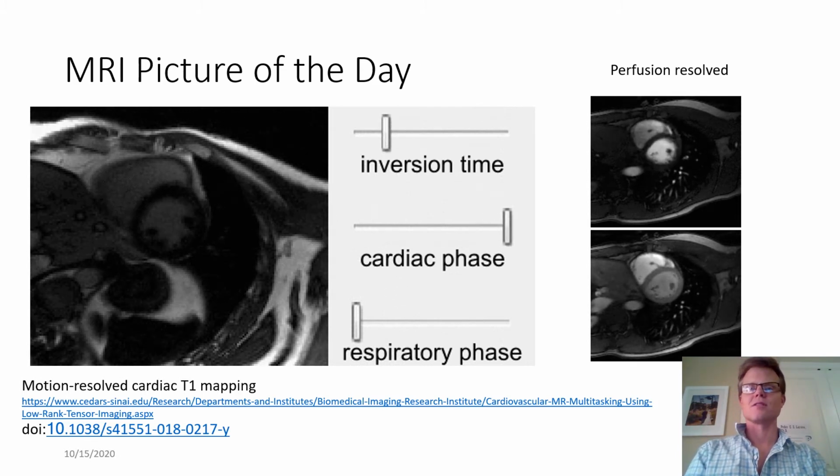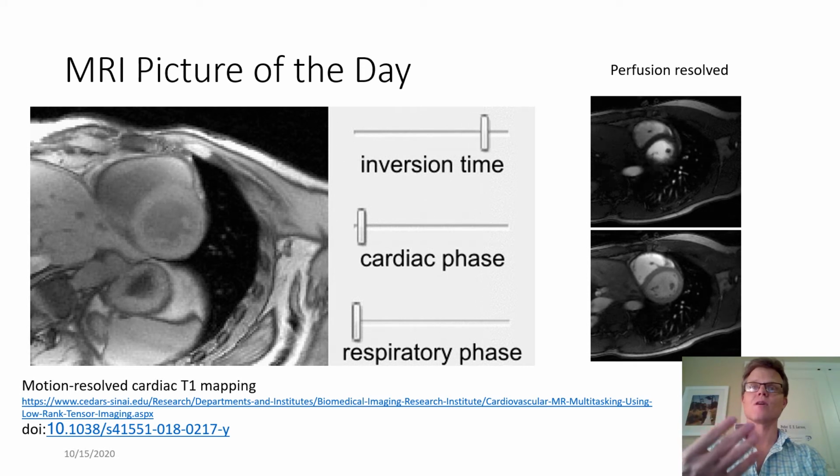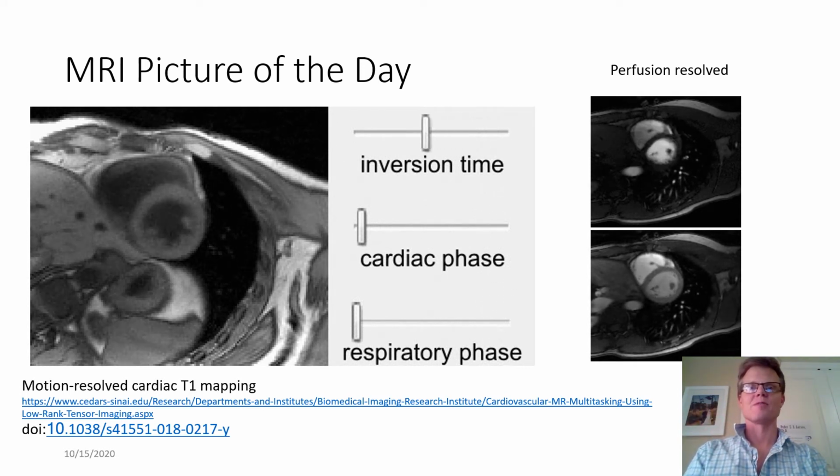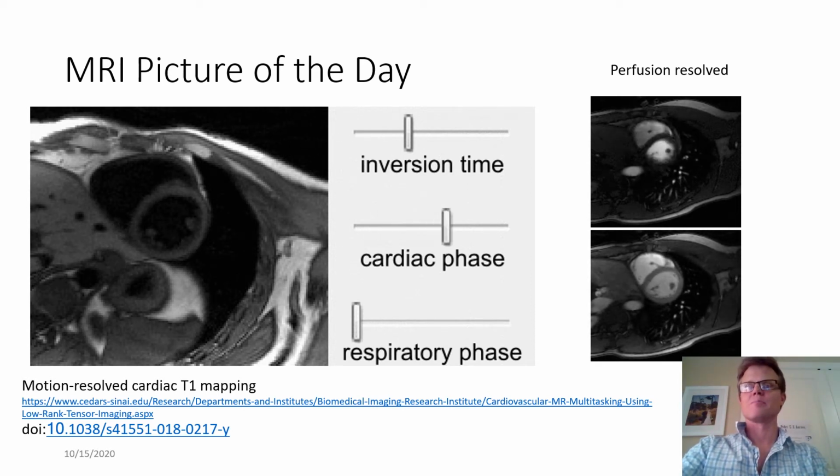And since this is heart imaging, you need to account for cardiac phase, so heart motion, and respiratory phase as well. So anyway, here are some links to check out this really cool work.